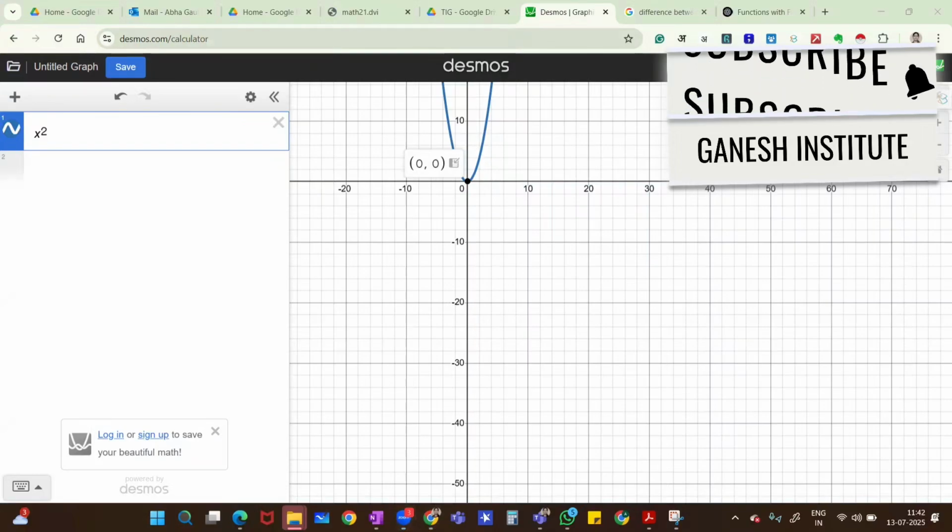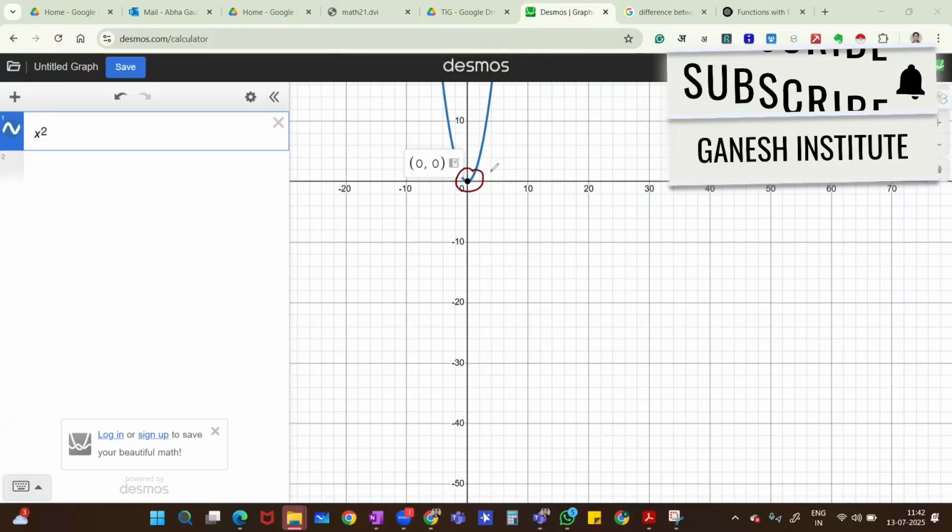Let's say I have f(x) equal to x square. I have found out that this is my minima. Okay, so I'll put the value of x and y here. The value of the function at the minimum point gives me infimum. Is it fine?